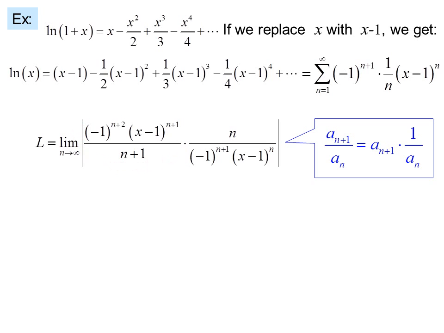And then we want to divide by the general term, but to divide a fraction, we flip it over and multiply. So we have a sub n plus 1 over a sub n, which is the same as a sub n plus 1 times 1 over a sub n.